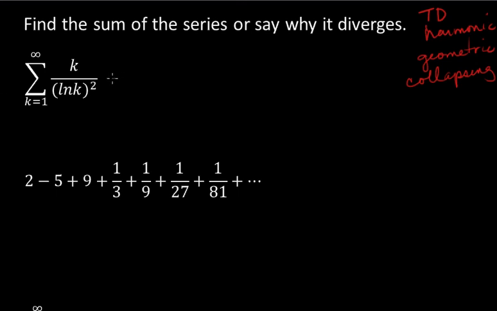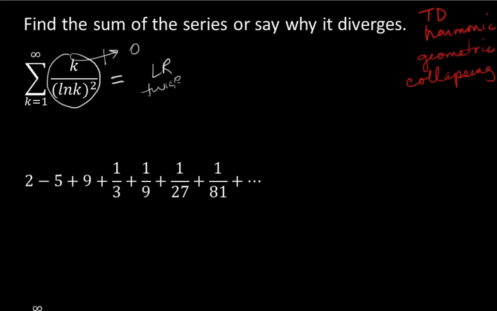So let's use those tools. Well, is it equal to anything? Let's check first the test for divergence. We have a power of k over a power of natural log k. No, that's not going to have a limit of 0. We know that k over ln k squared does not go to 0.